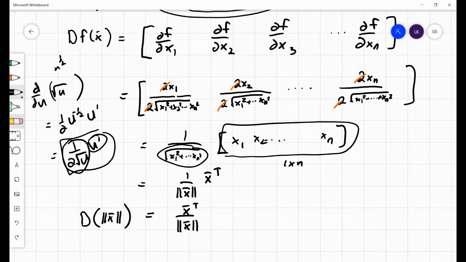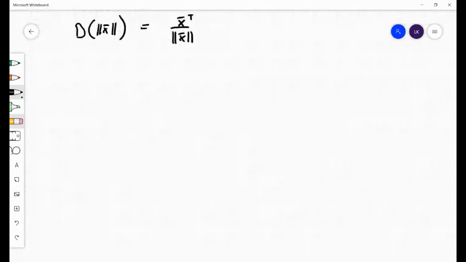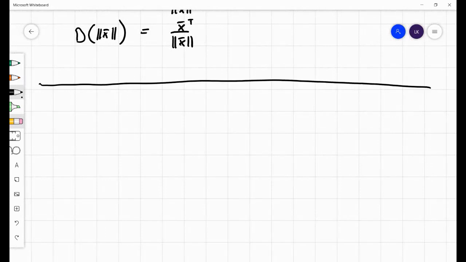All right. Let me look at my notes. Okay, so as an application, you can take advantage of this if you have, for example, a function of the magnitude of x, right?